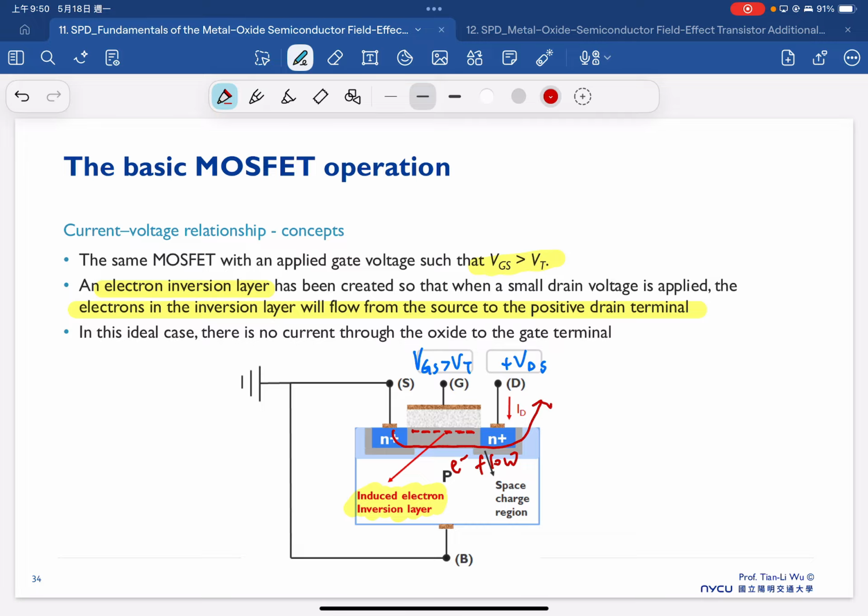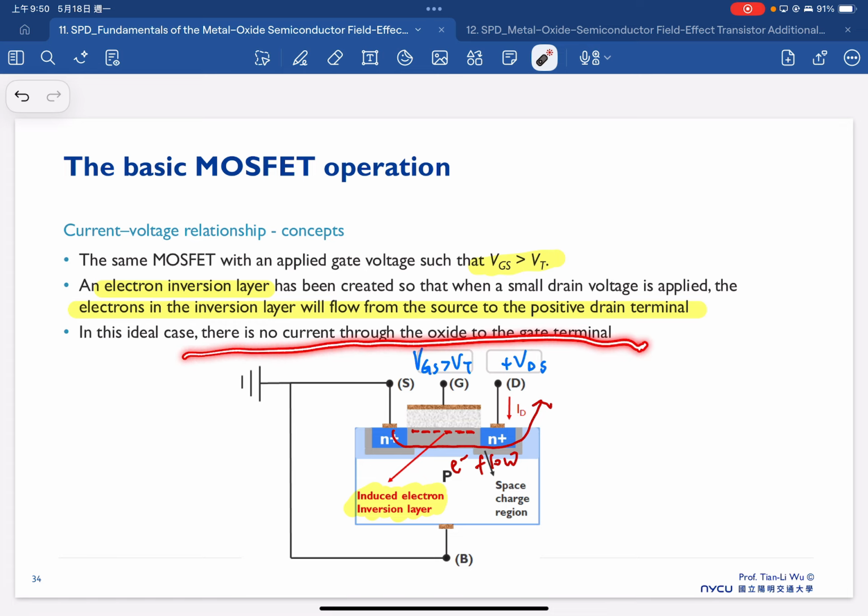In the ideal case, we assume that there's no current through the outside to the gate terminal, no gate current. In reality, we will have an obvious gate leakage current, but here we consider the ideal case.